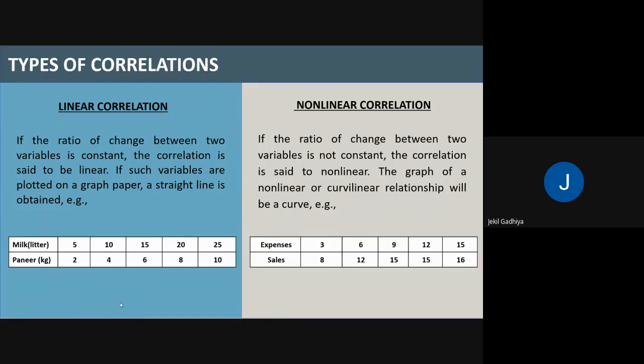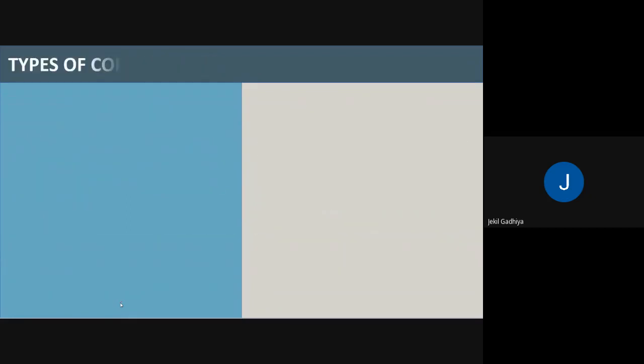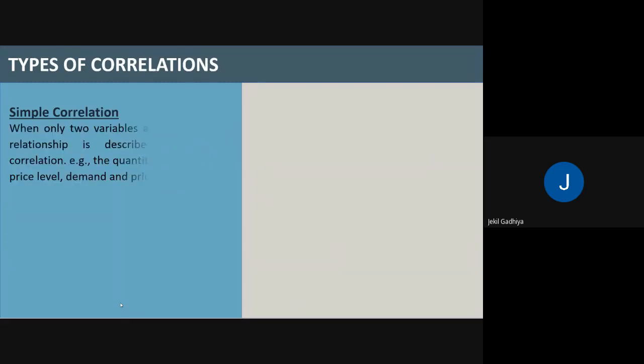Now, simple correlationship and multiple, right? So it is simple when only two variables are studied. The relationship is described as a simple correlationship, and the examples are the quantity of money and price level. Second, demand and price.